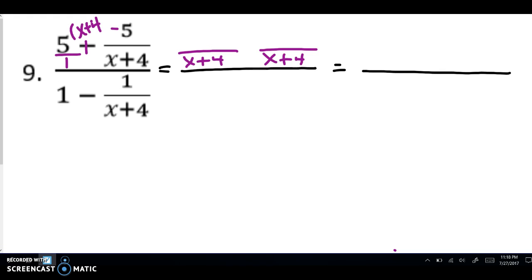So when I multiply 5 times x plus 4, I get 5x plus 20. Second fraction already had x plus 4, so I can just copy down the negative 5.